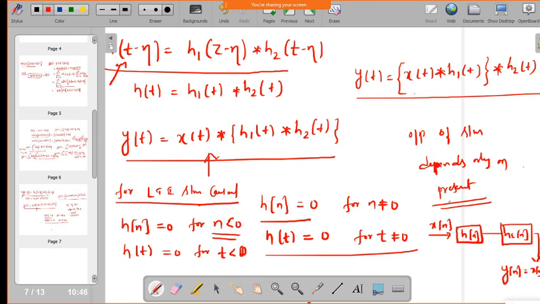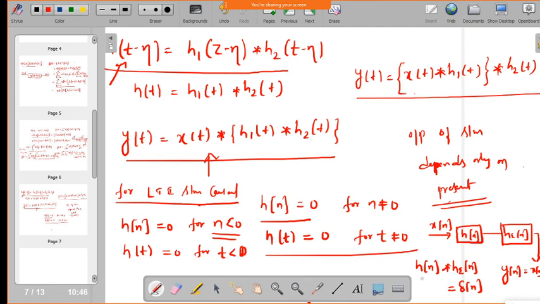So your output will be the same as whatever input you gave. For this invertible system, h of n convolved with the inverse system h inverse of n will be equal to the impulse, delta of n.